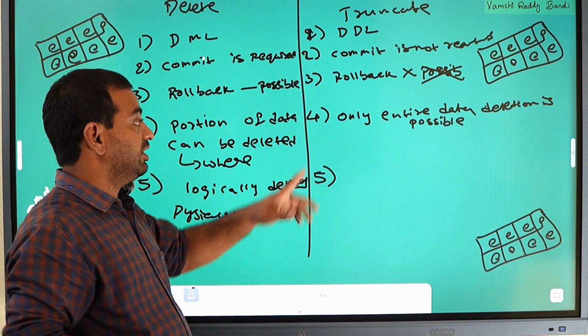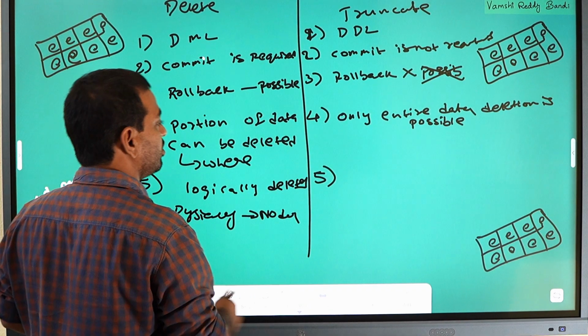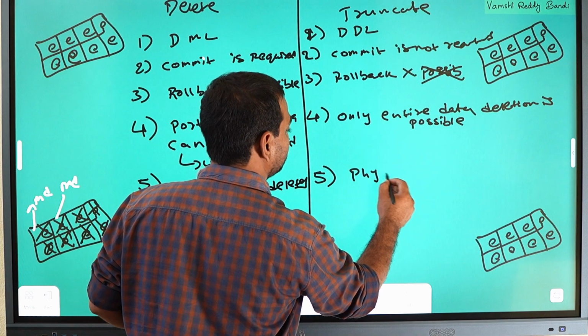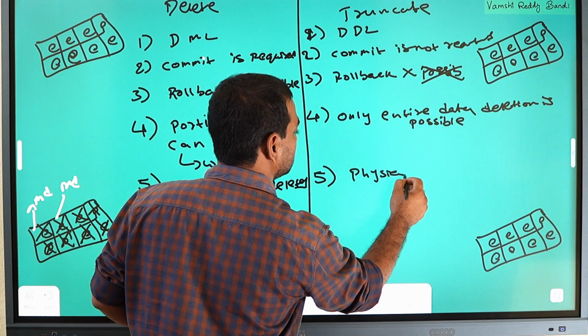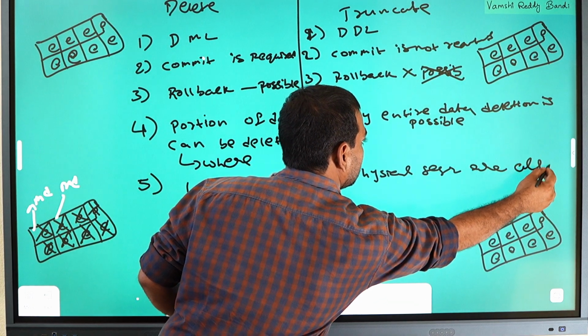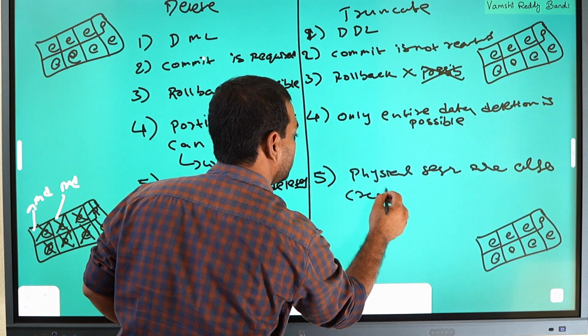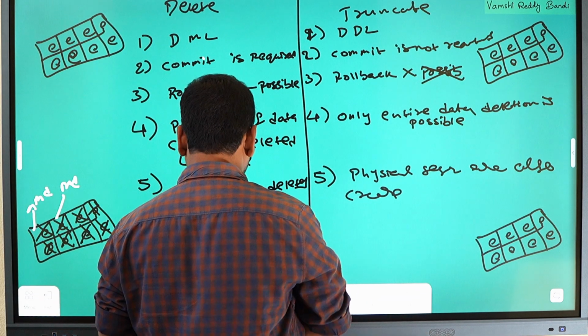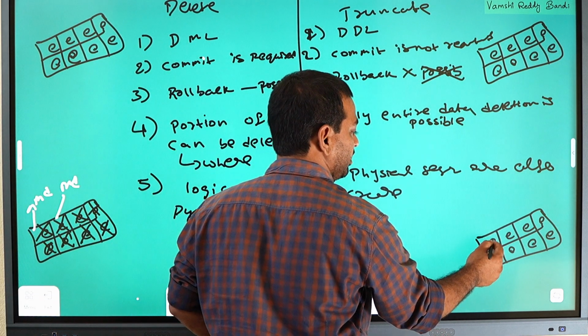But when it comes to truncate, truncate is going to clear your physical segments as well. So this is just marked as deleted, but when it comes to this one, it is actually deleted.